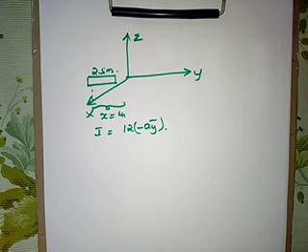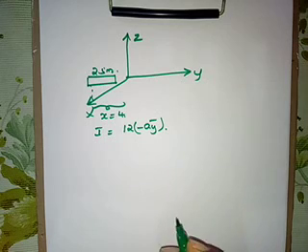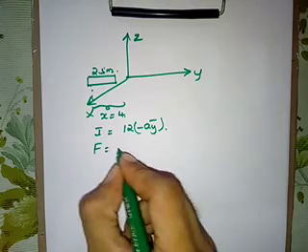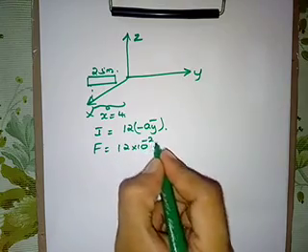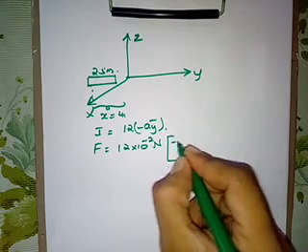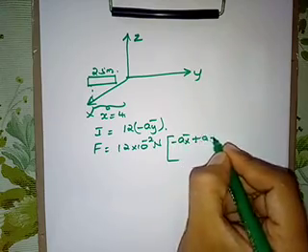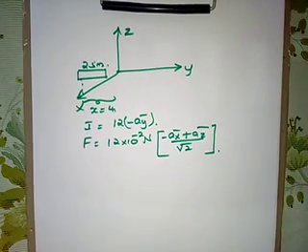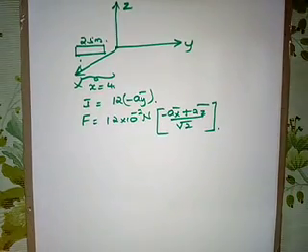When it is mentioned as a region, it means that all three, x, y and z coordinates will come into picture. If the force on the conductor is 12 into 10 raised to minus 2 newtons, F is given, and its direction is given: minus a_x bar plus a_z bar divided by root 2. So this is the force.